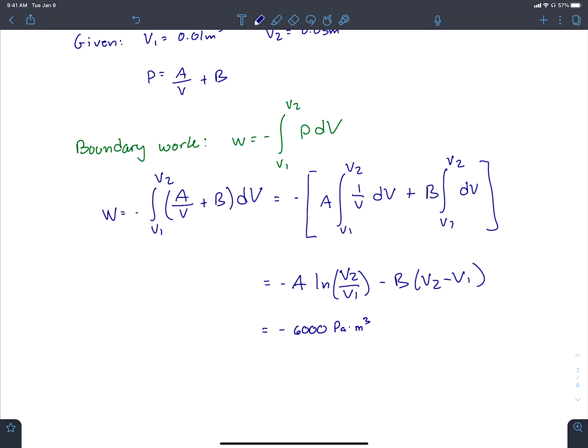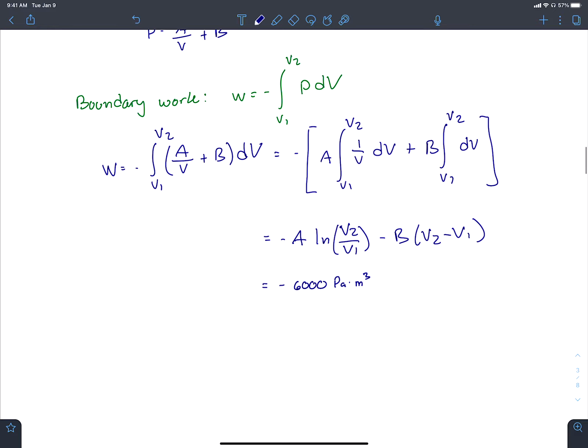Does that make sense? Yeah, no worries. Okay, times ln, natural log, of my V2. So V2 is 0.03 meters cubed over 0.01 meters cubed.